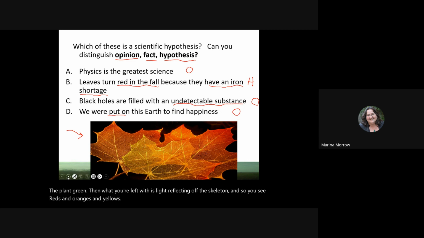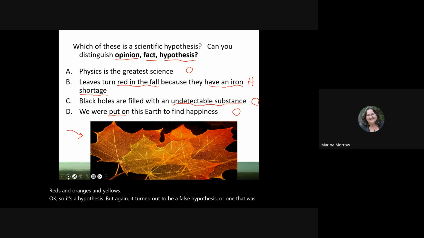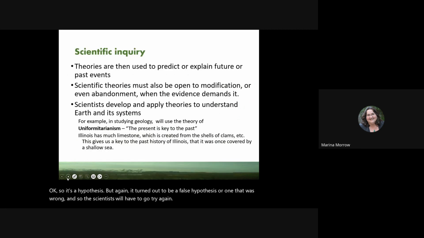Okay, so it's a hypothesis, but again, it turned out to be a false hypothesis, or one that was wrong, and so the scientists will have to go try again. Okay, so when we're looking into science, so inquiry, scientists look for a question that they can explore.